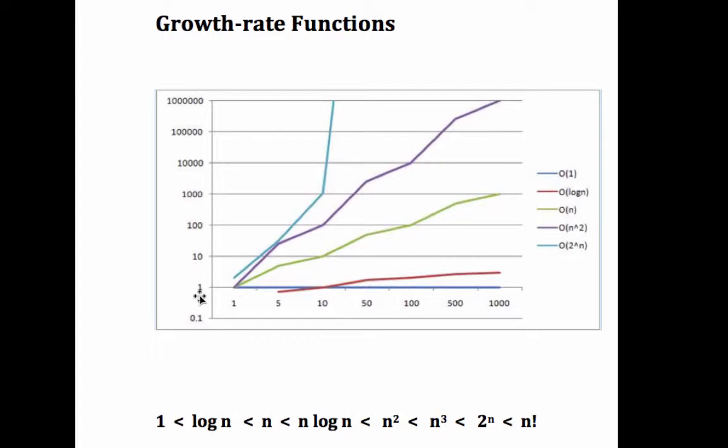The idea is that this will be 1 minute, 10 minutes, 100 minutes, or this could be 100 milliseconds, 1,000 milliseconds, 10,000 milliseconds. So they are increasing as we go up. If we move to the right, we increase the size of the data. What happens to the amount of time that it takes to run that particular algorithm? And obviously, as we move up, it's going to take longer.